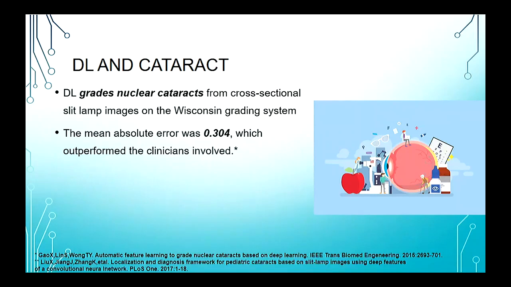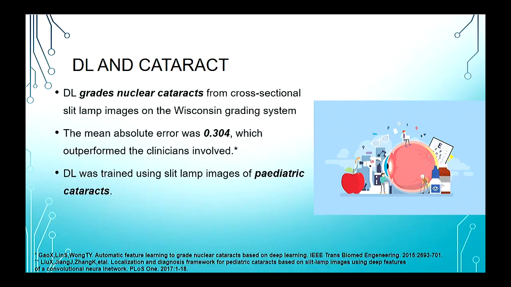It outperformed several clinicians, which means that out of a group of humans, it outperformed most of them. Another study trained a neural network on slit lamp images of pediatric cataracts, and it matched the performance of pediatric ophthalmologists, which means it performed as well as a pediatric ophthalmologist.